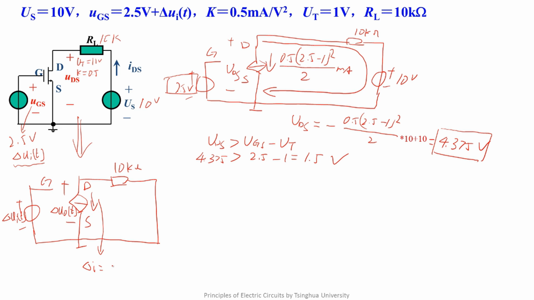Its characteristic is like this. In this circuit, in order to find delta UOT, we need to use the KVL in this path. Thus, we can find from this formula.